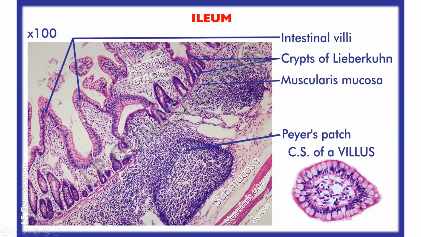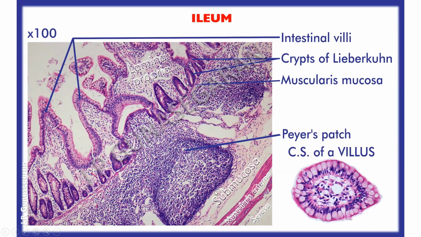Their number increases as you trace distally. This is a cross section of a villus. Note the increased number of goblet cells. You can also make out a lacteal and on either side the capillaries.